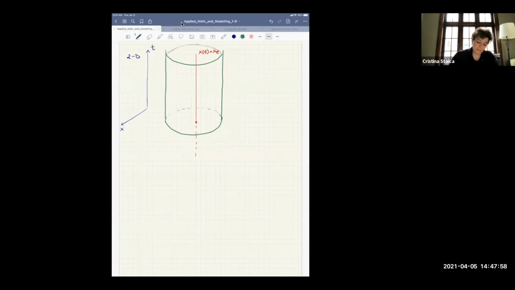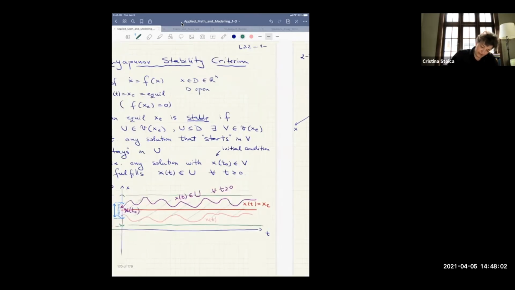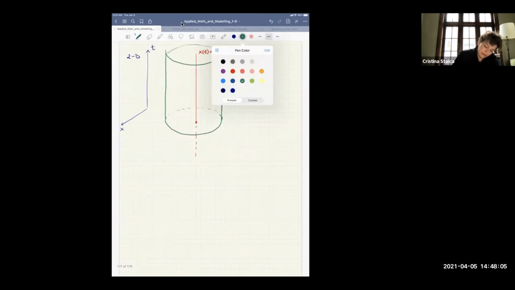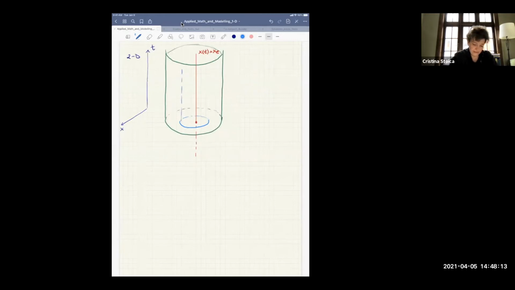So whatever neighborhood we take of XE, we find another neighborhood. So we find the V. There is a V, and this one is inside.